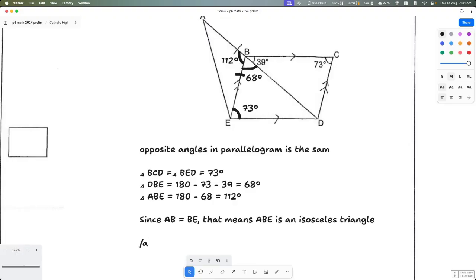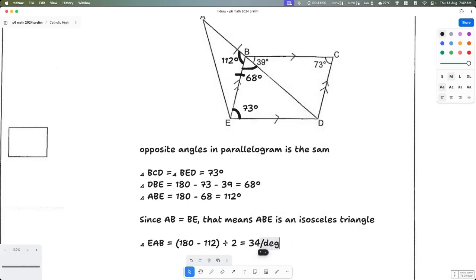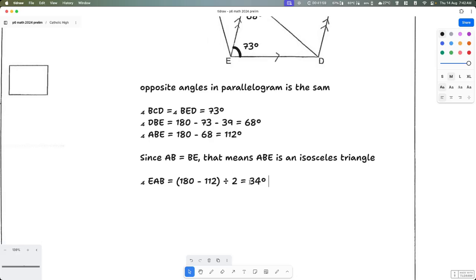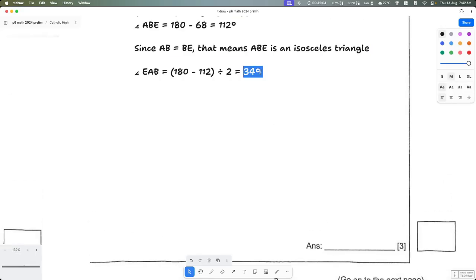Angle EAB is equal to 180 minus 112, and then we divide by 2. 180 minus 112 is 68, and then we divide by 2. This will give us 34 degrees. So that's the answer, 34 degrees. Okay, let's move on to the next question.